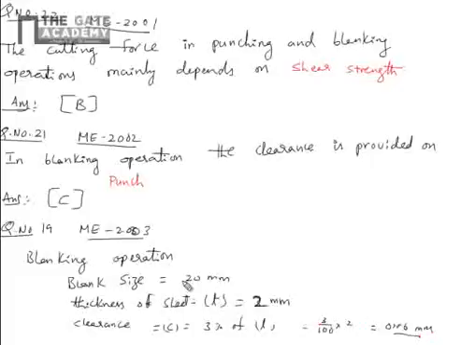Next, the punch diameter equals die size minus 2c, equals 20 minus 2 into 0.06, equals 19.88. Answer is A. Simple.